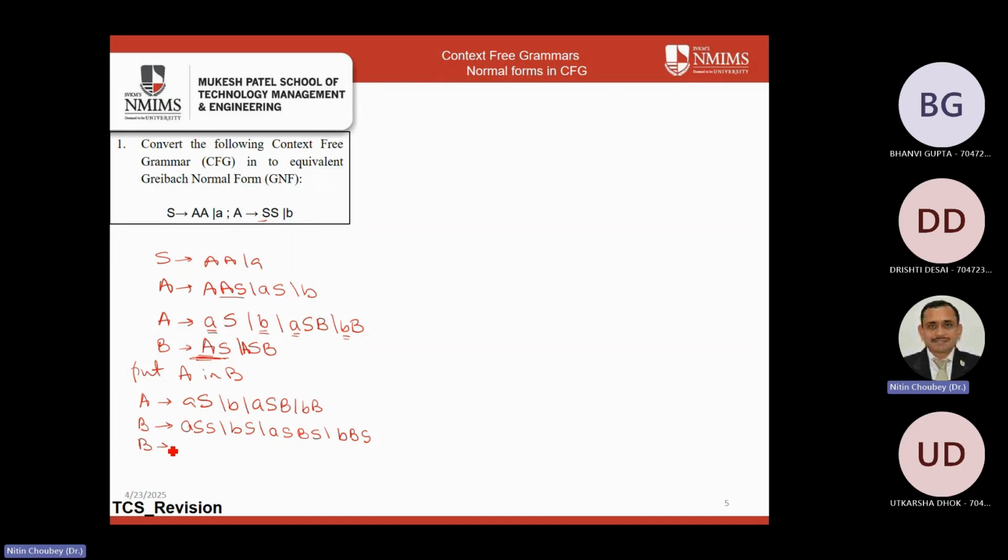For the second production rule, now we will have this A getting replaced and this SB will continue further. So ASSB followed by BSB followed by ASBSB followed by BBSB.